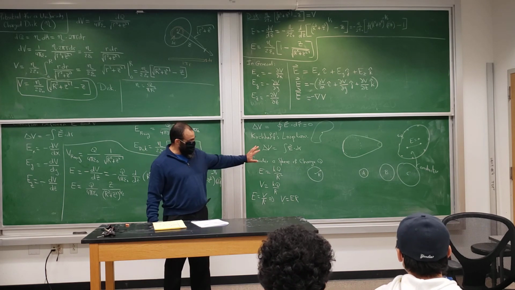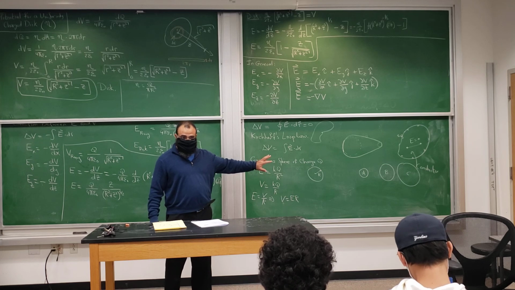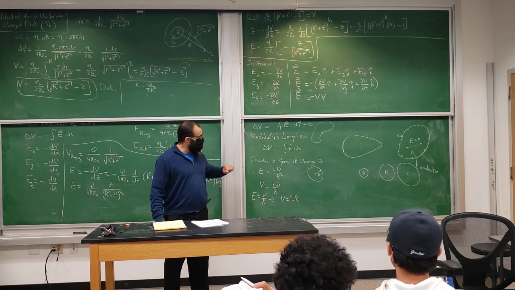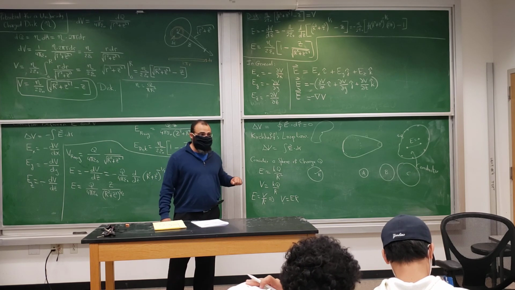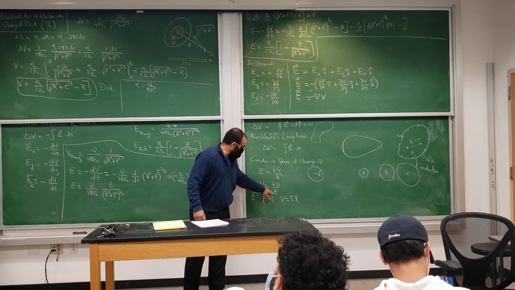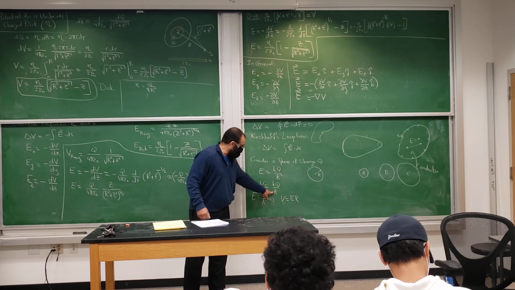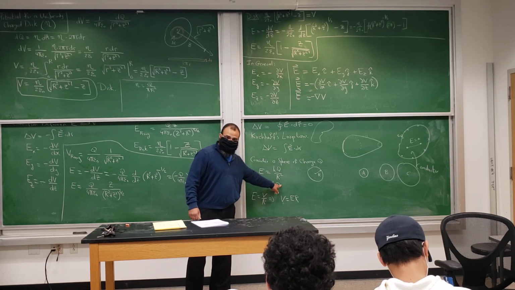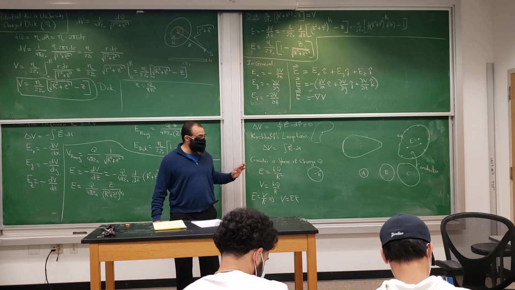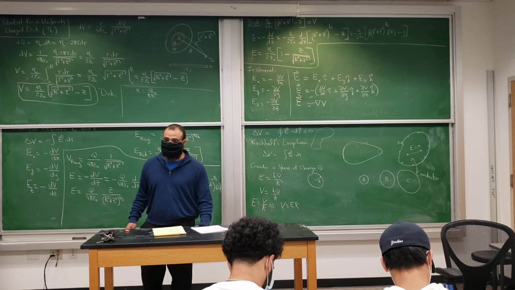I said you have three spheres, they are charged. Did I say they have the same charge? I did not say that. So you have no reason to assume that they have the same charge, and V is KQ over R. So maybe the larger one has a larger R, but maybe it has so much charge that V will be larger eventually. I said nothing about it, so we can't really say anything right now.